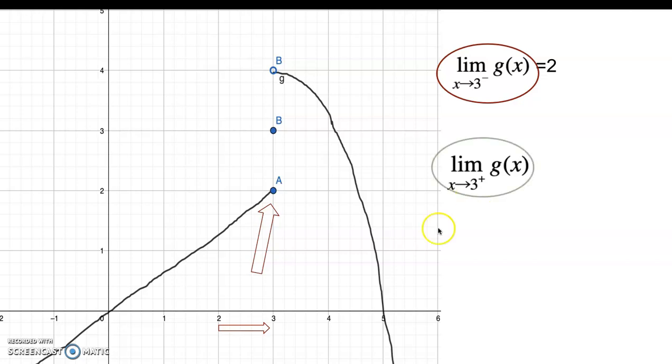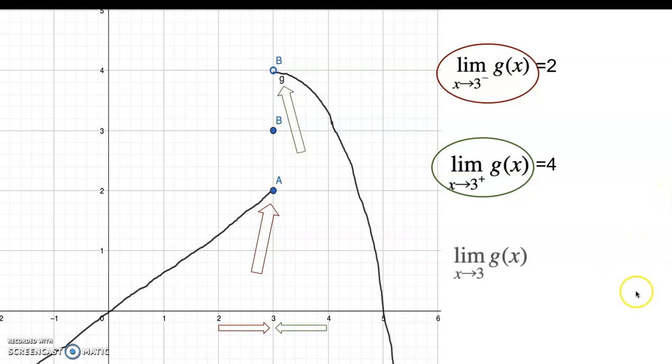So we're going to be looking at this direction right here, the right side. We see that as x approaches 3 from the right side, then g of x approaches 4. Even though it's undefined, g of x still approaches 4. So that is what we're going to write, 4.